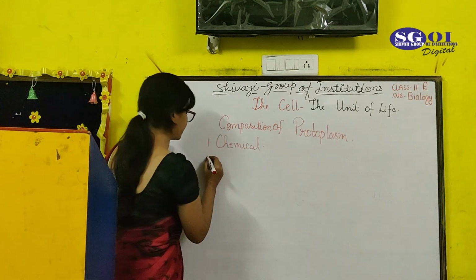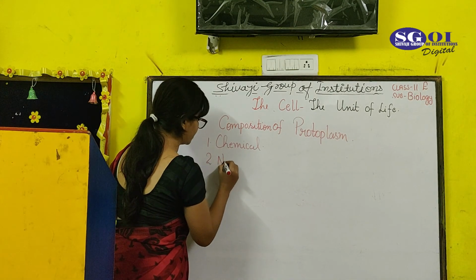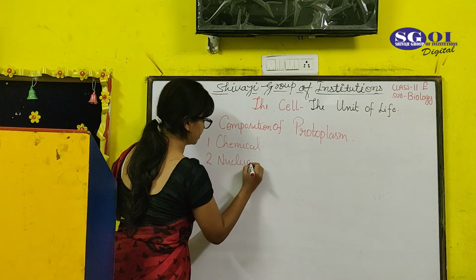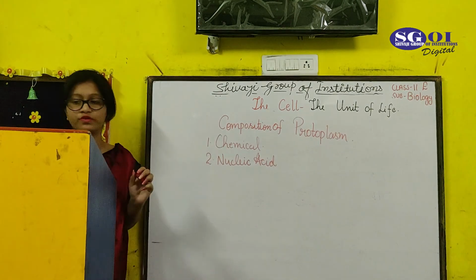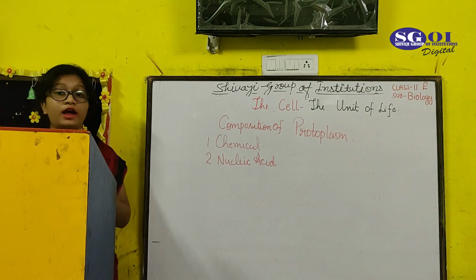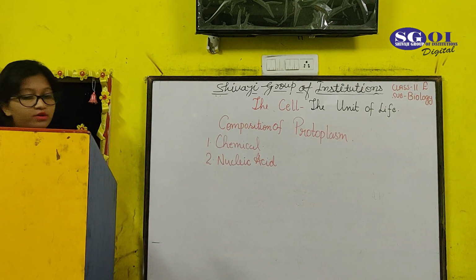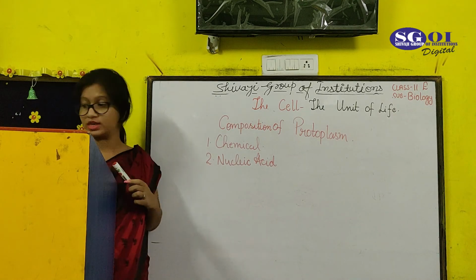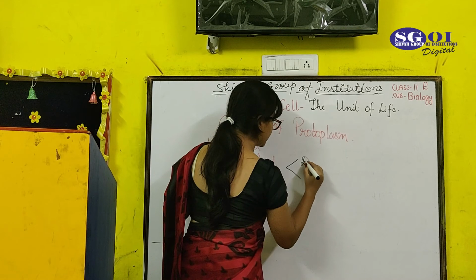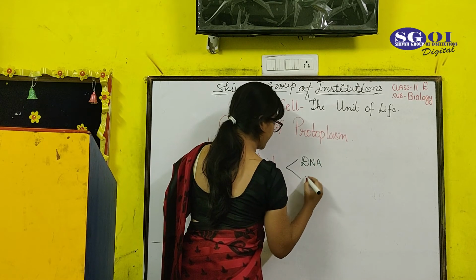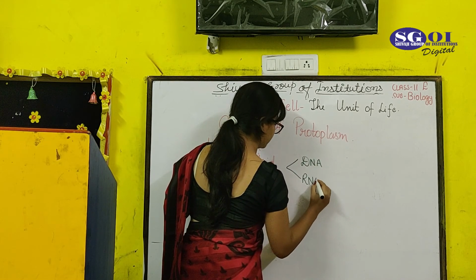The second thing which constitutes protoplasm is nucleic acid. Nucleic acids are also formed by different chemicals like carbon, hydrogen, oxygen, nitrogen, sulfur and phosphorus. These nucleic acids are basically of two types, DNA and RNA.